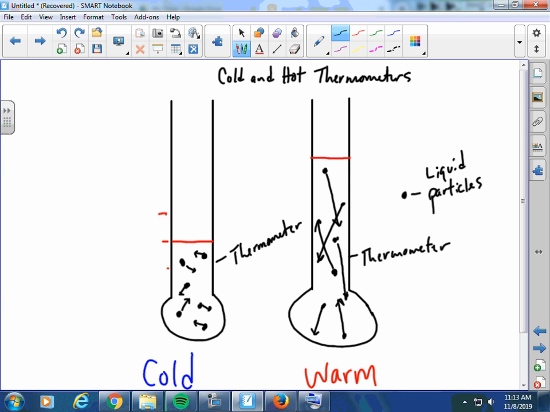Explanation. We gotta have some words, right? So cold thermometer, what are we saying about those particles? Moving very slow. Should have said particles. What else can we say about the particles?